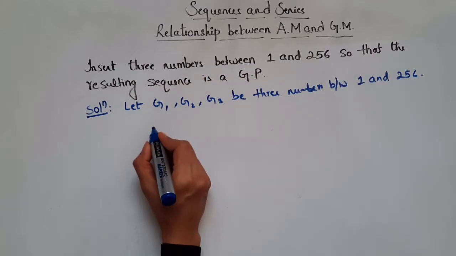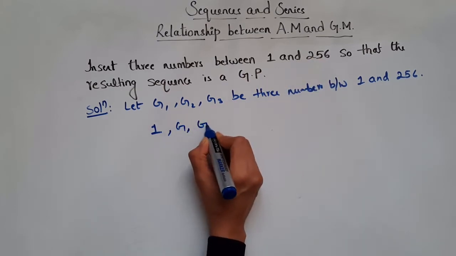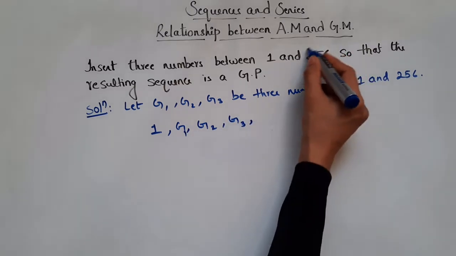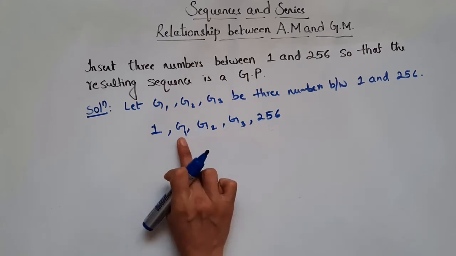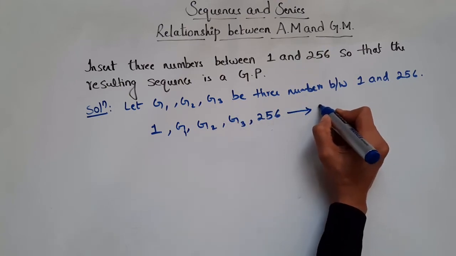So what is our sequence? We have 1, and in between 1 and 256 we have G1, G2 and G3, and the last number is 256, such that this sequence is in GP.